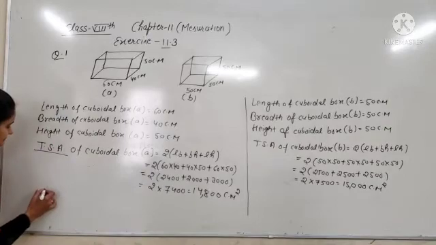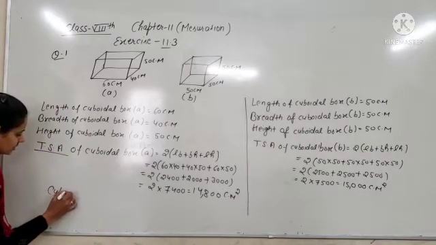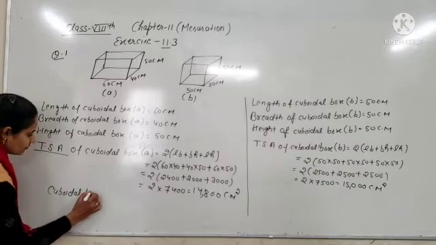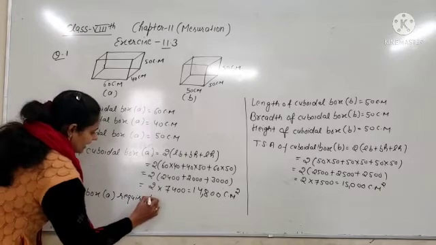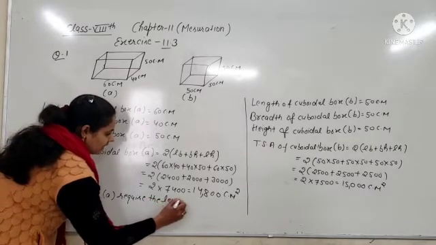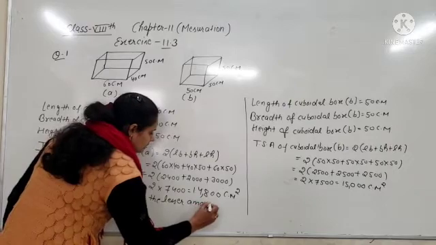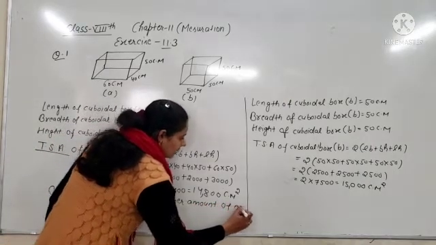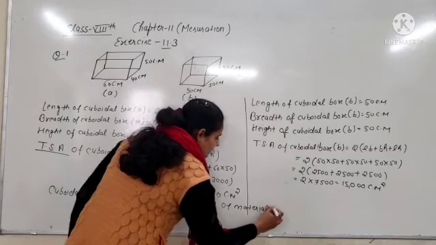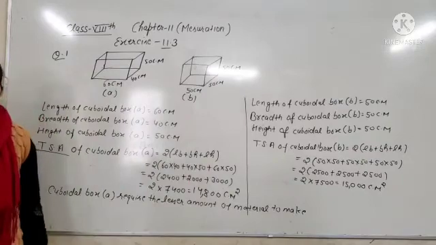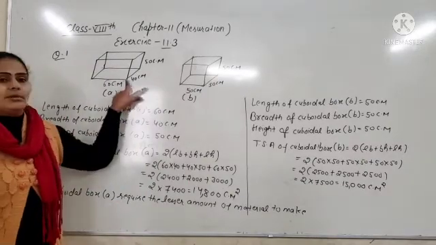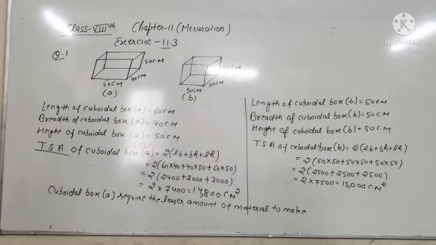So you can write down: cuboidal box A requires the lesser amount of material to make. Okay, so which box requires the lesser amount? Cuboidal box A requires the lesser amount of material to make. So this was question number 1 from exercise 11.3.